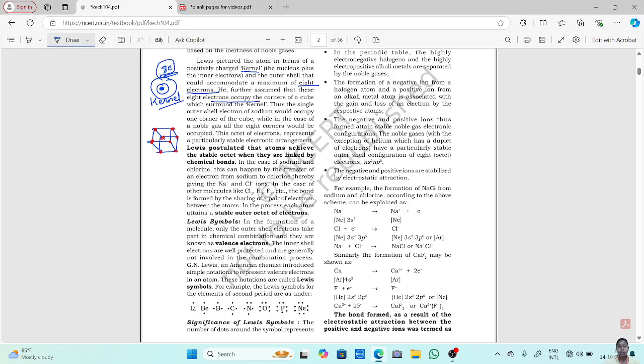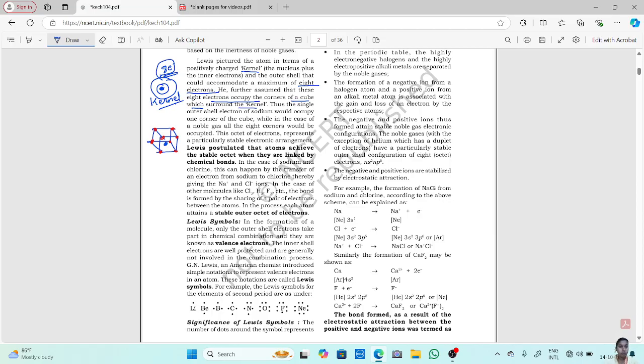Electrons occupy the corners of a cube which surrounds the kernel. So at the center is your kernel, and around the kernel in a cube format the 8 electrons are placed. Thus the single outer shell electron of sodium would occupy one corner of the cube, while in case of noble gases all the 8 corners would be occupied.